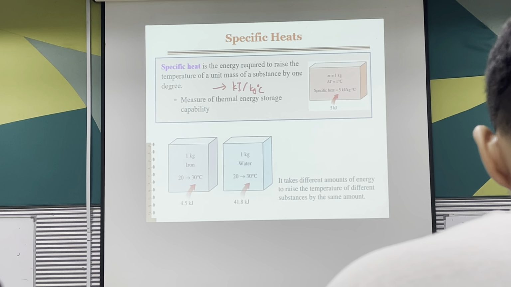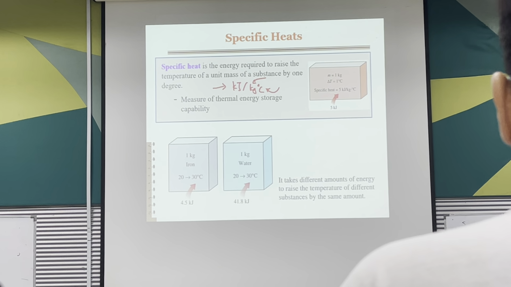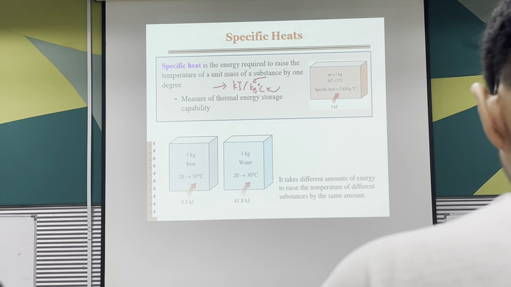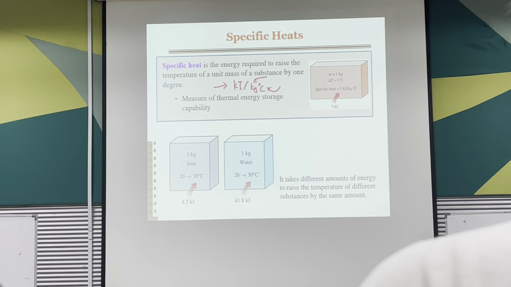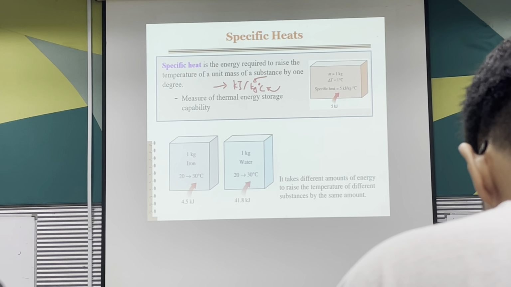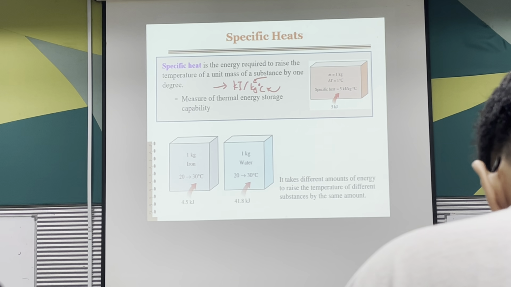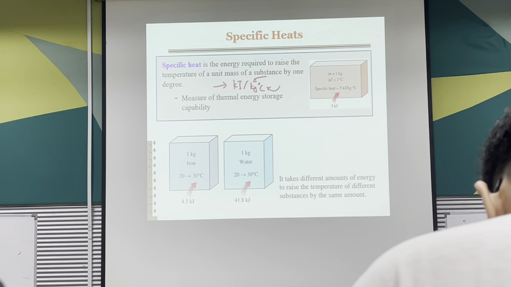So, the energy required to raise 1 kg of a substance by 1 degree Celsius. Based on this, the use of the specific heat is as a measure of thermal energy storage capability, so how much energy a certain body can store. This you have learned before.